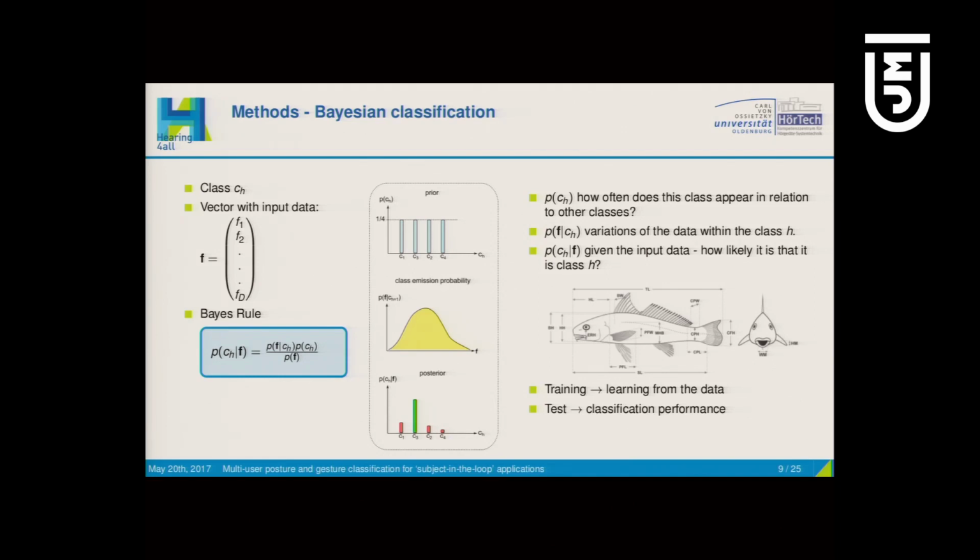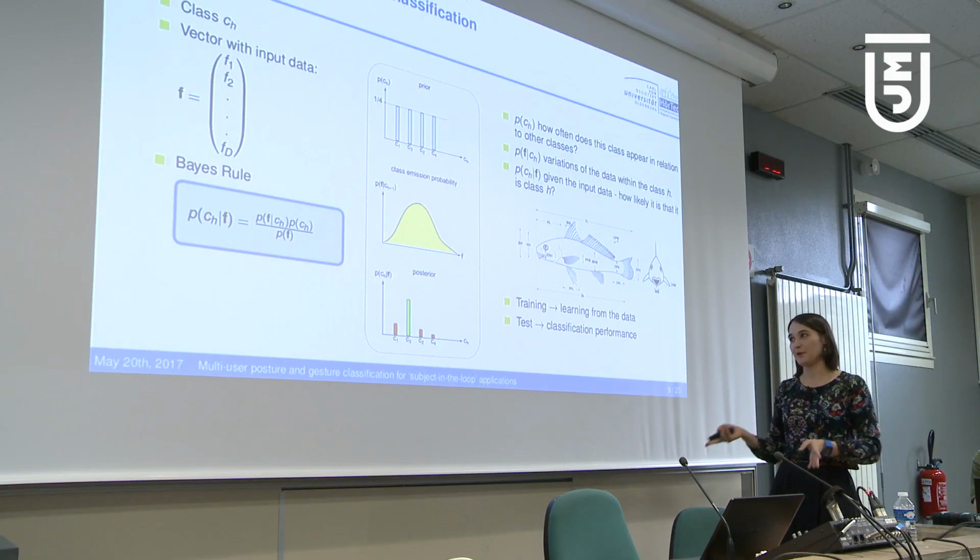For each class, using this formula, we get these posterior probabilities, and as you can see here, this is the winner, so it will probably be, I don't know, a shark. But now, going to the machine learning problems which we have.